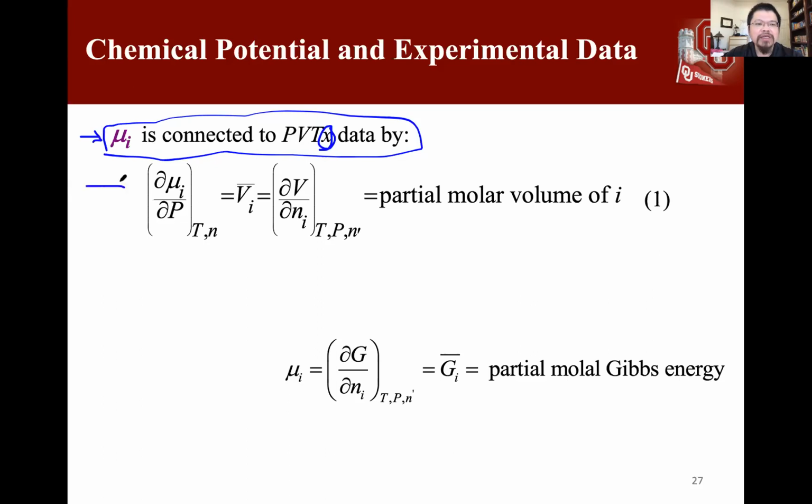The second statement is even better. We are able to have this equation, which is the chemical potential. Now you write this as mu_i, the chemical potential of component i.